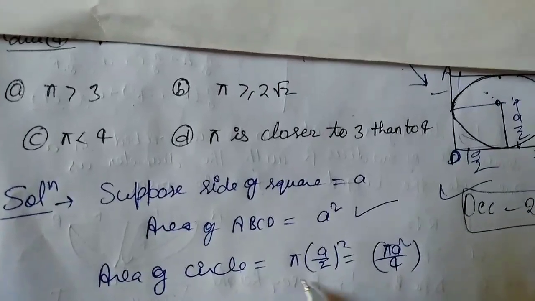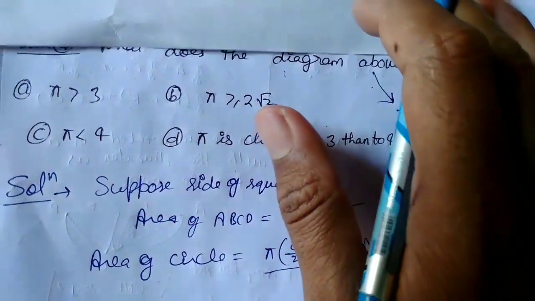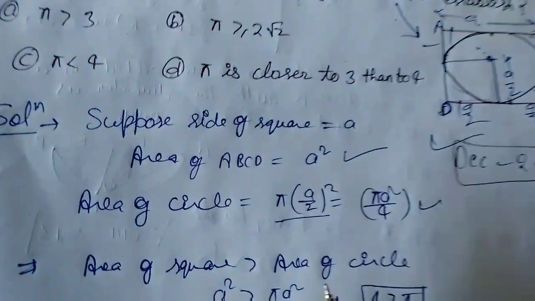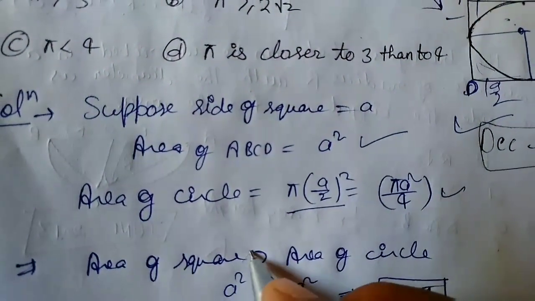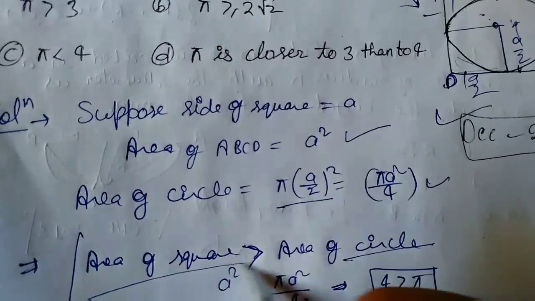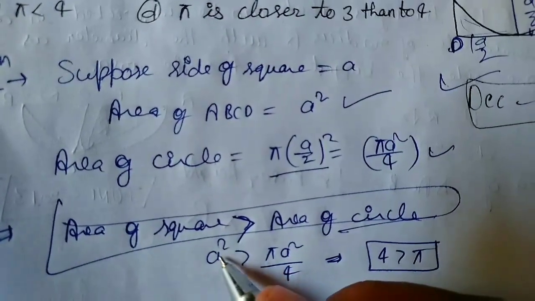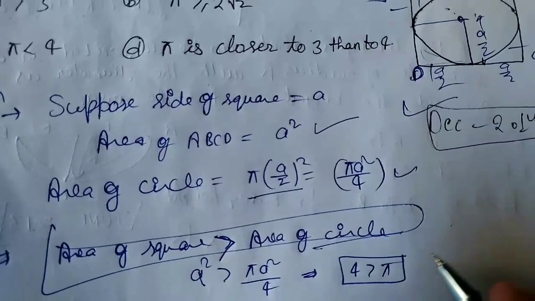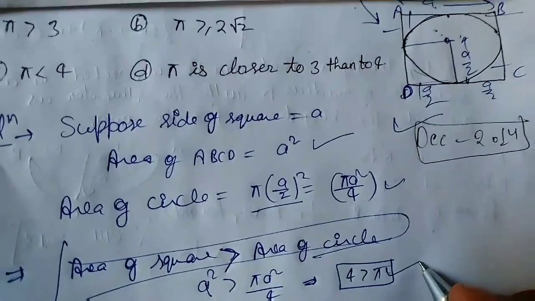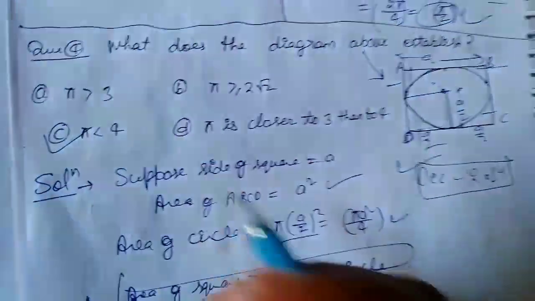So this will be just pi into a by 2 whole square. So now the relationship will be that the area of the square will be greater than the area of the circle. This is the relationship between these two figures. So a square will be greater than pi a square by 4, and it is nothing but 4 is greater than pi, and the option is C. So option C is the correct answer.